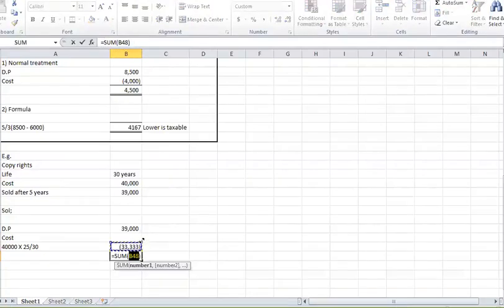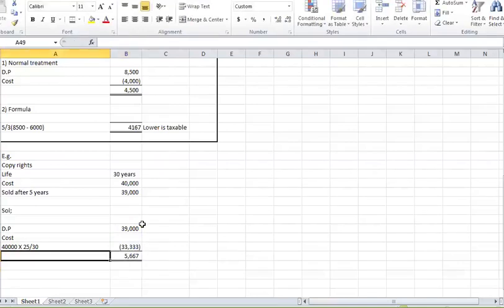So 39,000 pounds minus 33,333. Answer is 5,667. This is your capital gain.